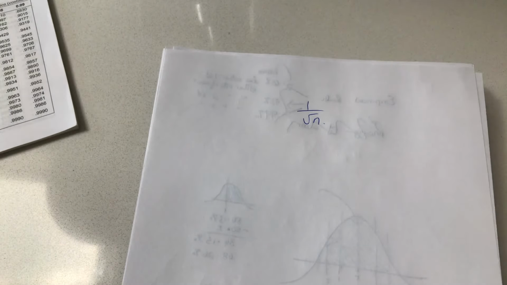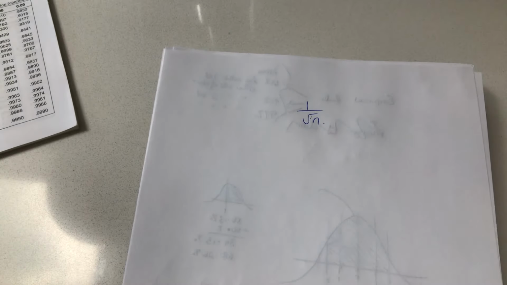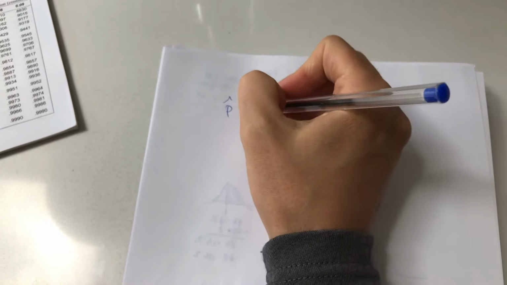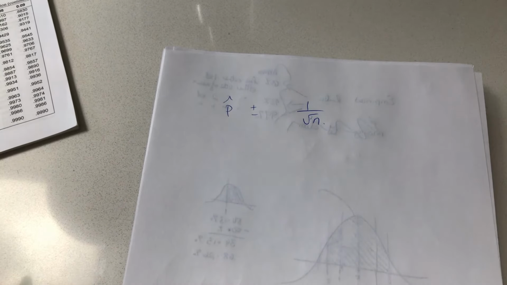It just means that if you're doing a confidence interval and they ask you to do it the ordinary level way with the 1 over root n, then you would get your confidence interval by just going p hat, so your statistic, plus or minus, and you wouldn't have that 1.96 times the standard error of proportions.